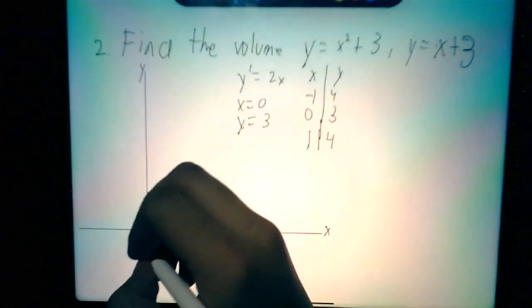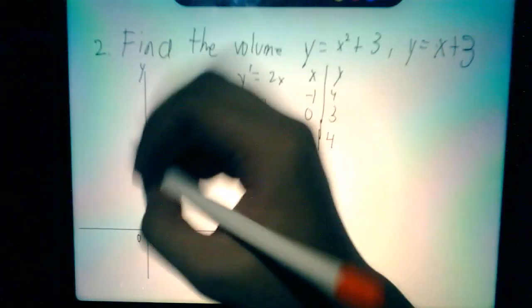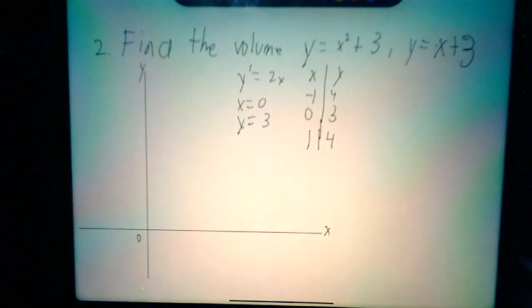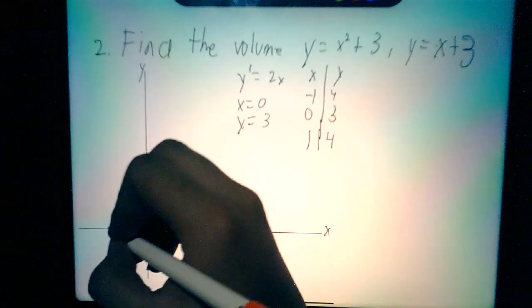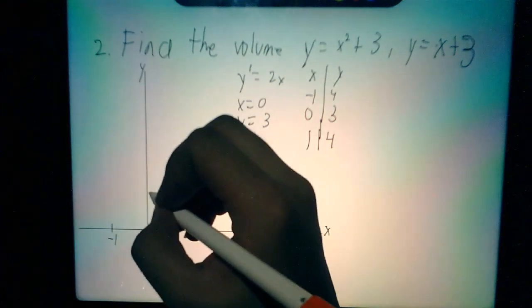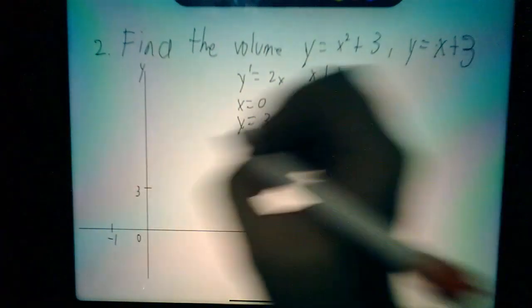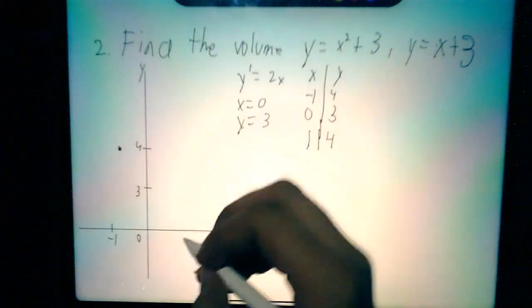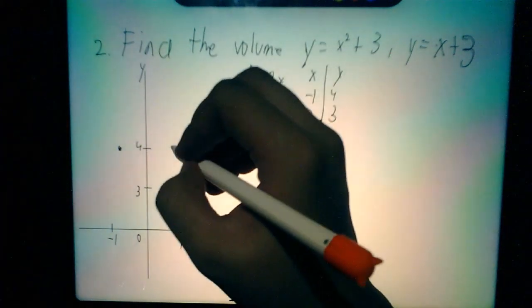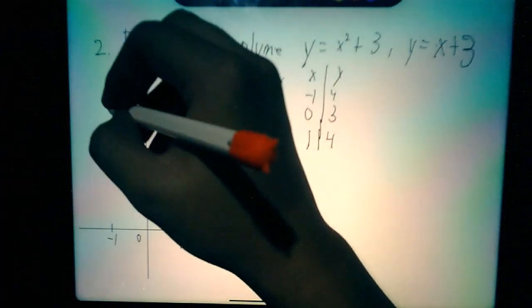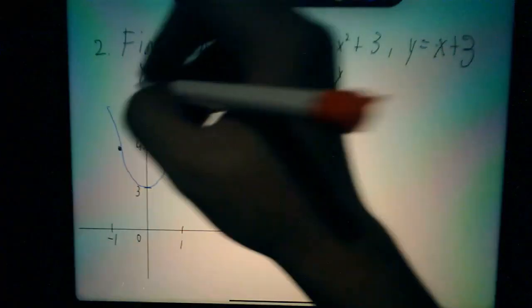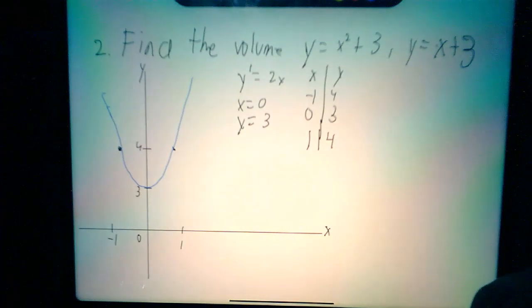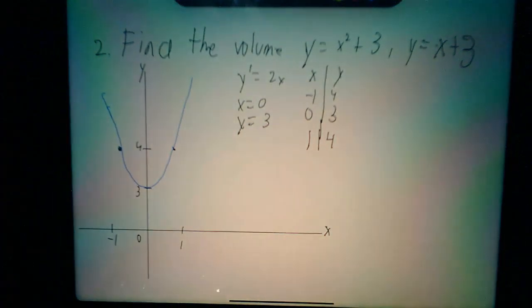So this is 0, and this is x. Our parabola should look like this. You see it? Yes, like that.